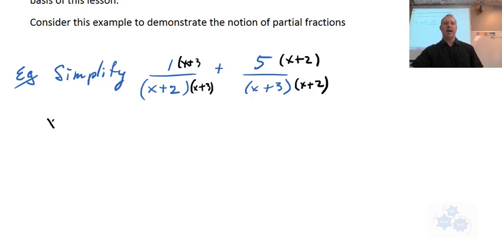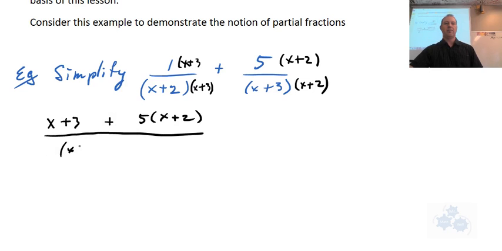And this is going to be x plus 3 plus 5x plus 2 all over our now common denominator of x plus 2 plus x plus 3. So we now distribute and gather like terms. So this is going to be 5x plus 10.